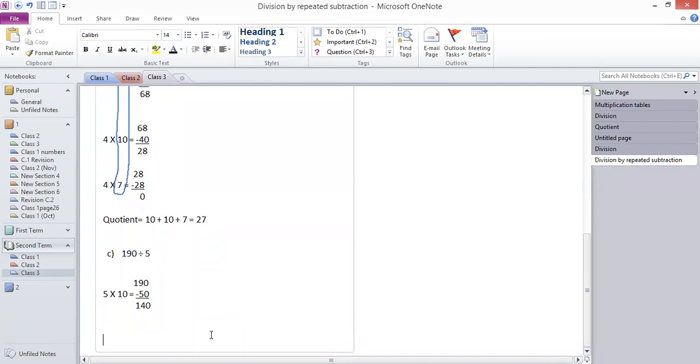We will multiply 5 by 10. Good. And 140 subtract 50. We will subtract 50 from 140, right? 0 and 0, 0.